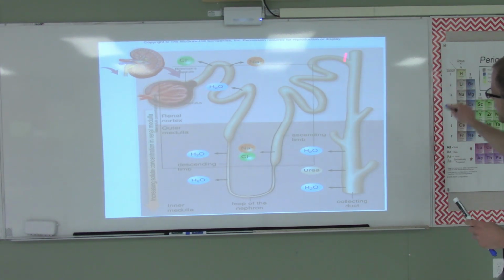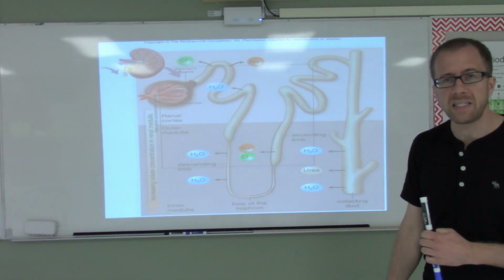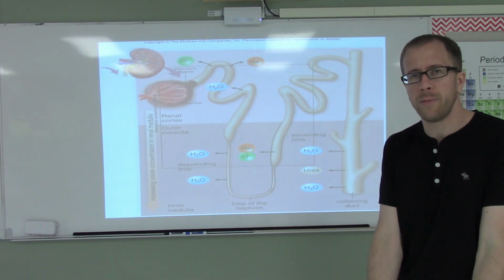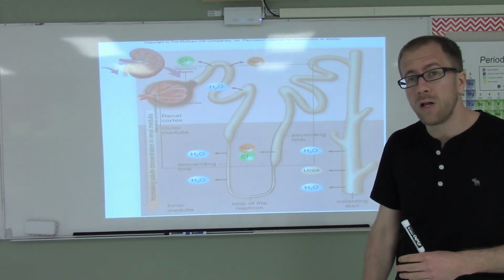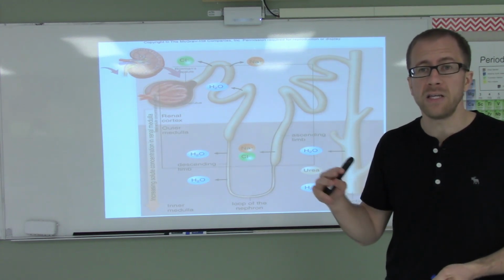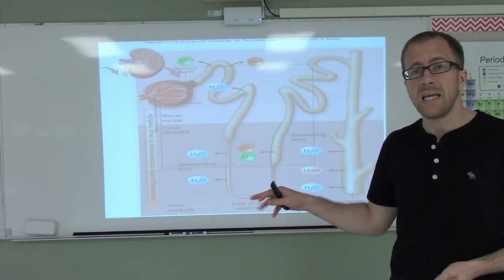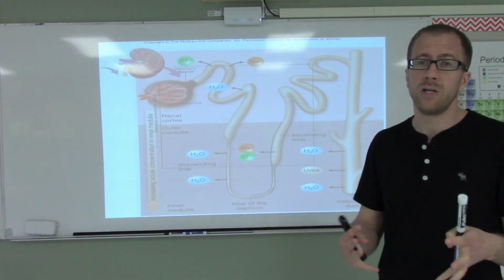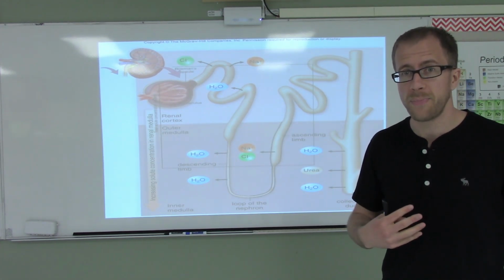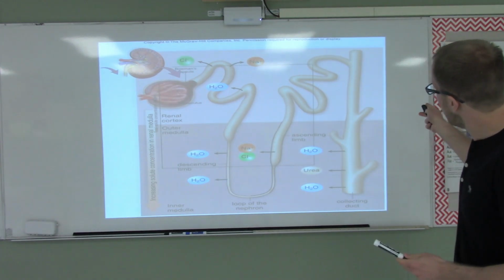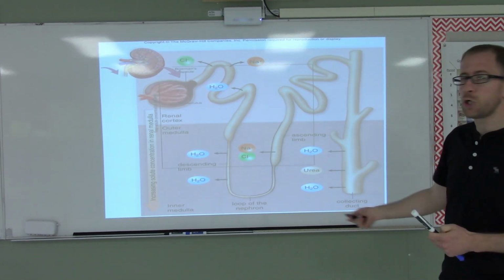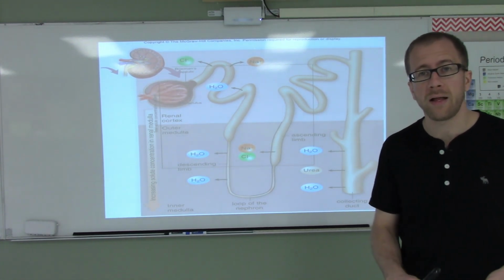And then lastly, the collecting duct, as it passes through the salty inner medulla, will cause water to passively transport via osmosis into the surrounding tissues and then be reabsorbed into your blood vessels and thus your blood. So, the collecting duct is essential for regulating fluid balance in the body.